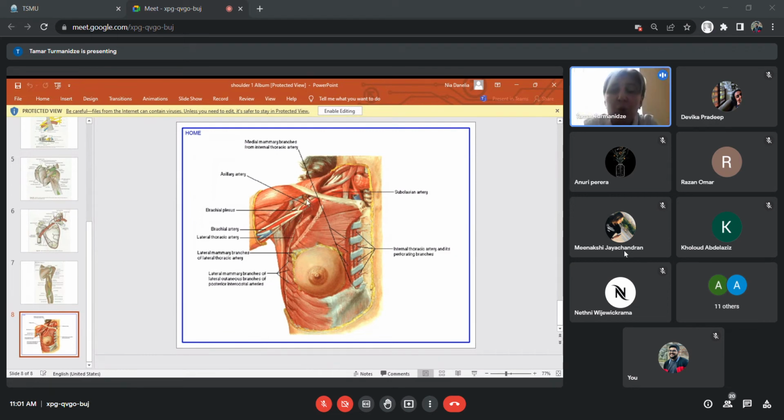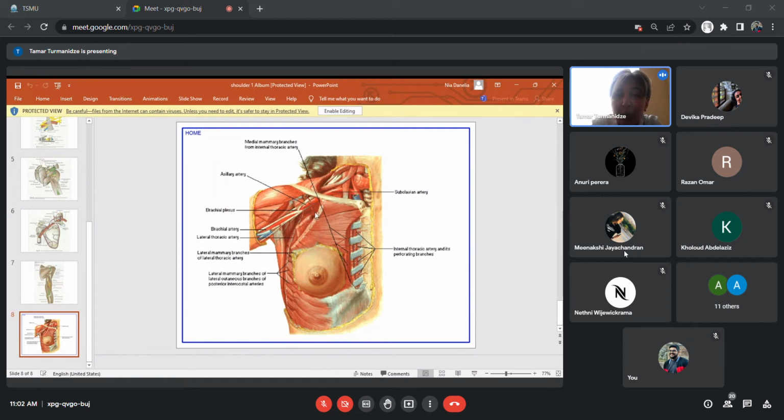Formation of the plexus, we have told that it is formed in the supraclavicular triangle. Then the trunks of the brachial plexus descend in the clavipectoral triangle, and in the clavipectoral triangle it touches the artery posteriorly and on the lateral side. So the location of these vessels and nerves in the clavipectoral triangle from medial to lateral side, how will it be located?